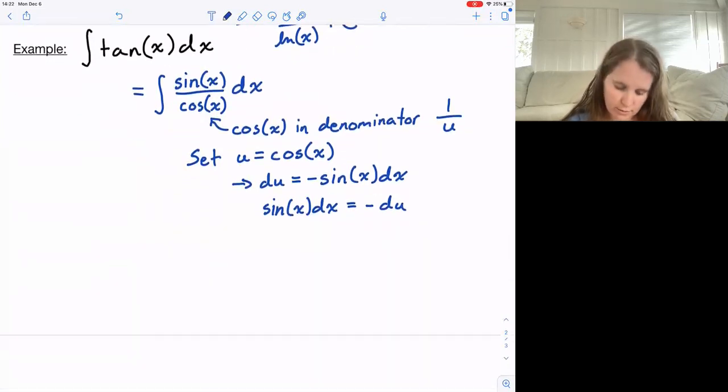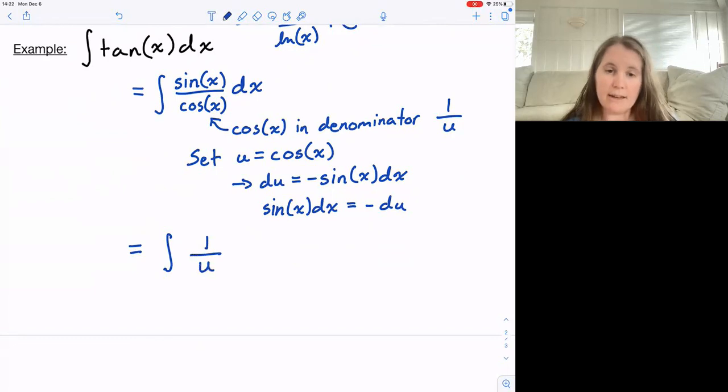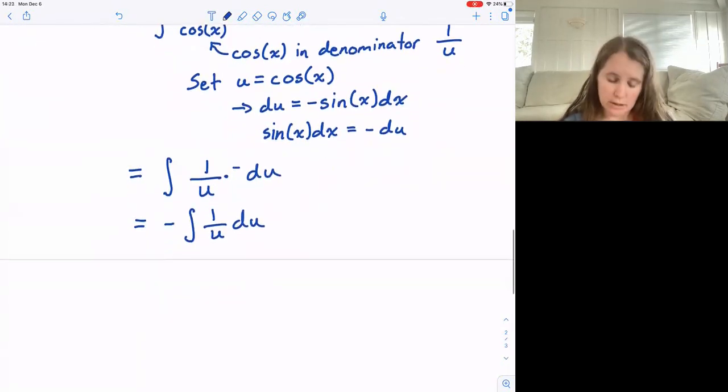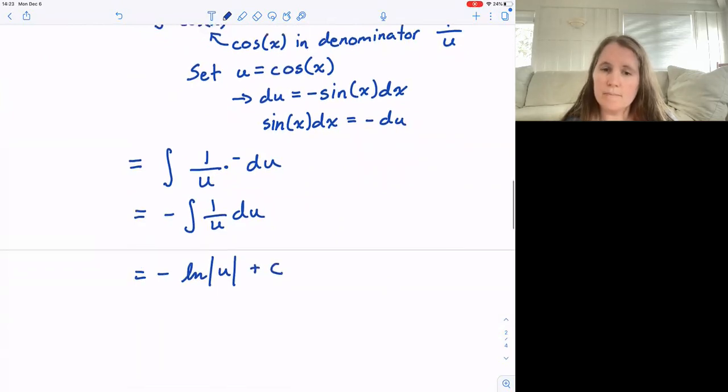So our integral, therefore, if we do u-substitution, is 1/u times negative du, or negative integral of 1/u du. Well, we know that the integral of 1 over u du is just the natural log of the absolute value of u, and then plus c.